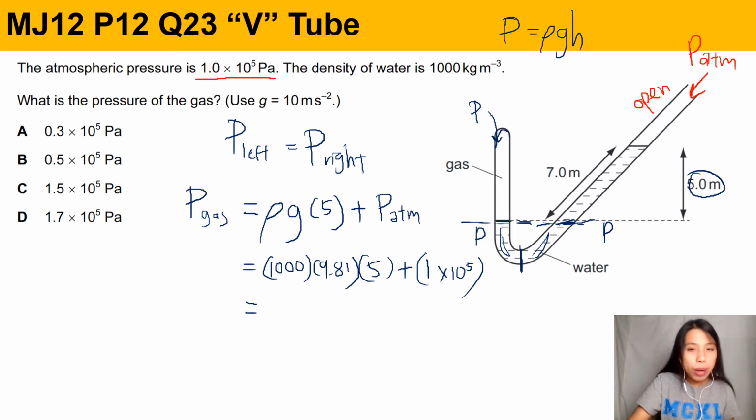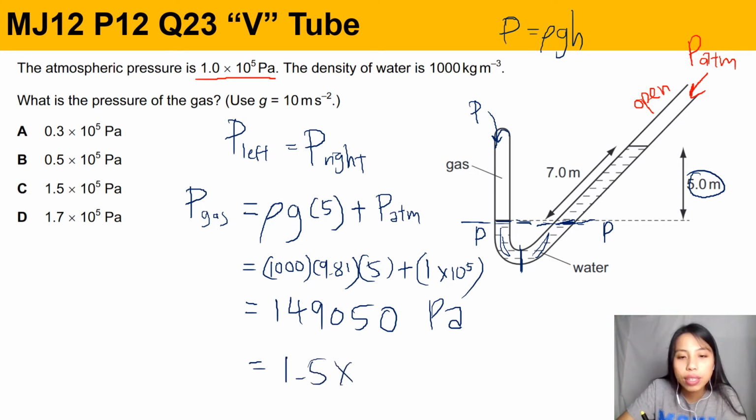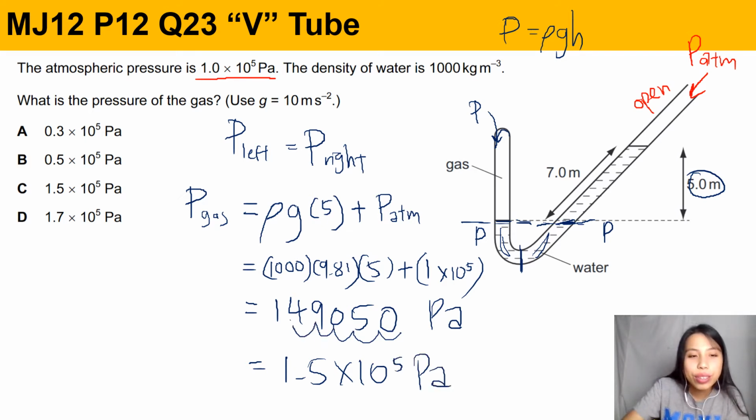You should get about 149,050 pascals. The unit of this pressure is Pascal. So if we round to the answer, it's all 2 SF, so it'll be 1.5 times 10 to the 5 Pascal. So this one is the answer for this V tube.